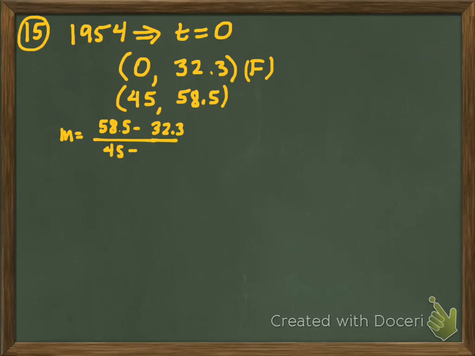When I pause, I'm not having a stroke, I'm trying to see if you're actually with me. Then 58.5 minus 32.3 is 26.2, and obviously 45 minus 0 is 45, which gives us an ugly slope.